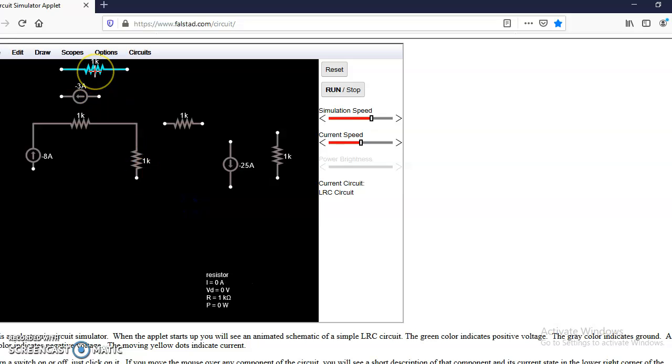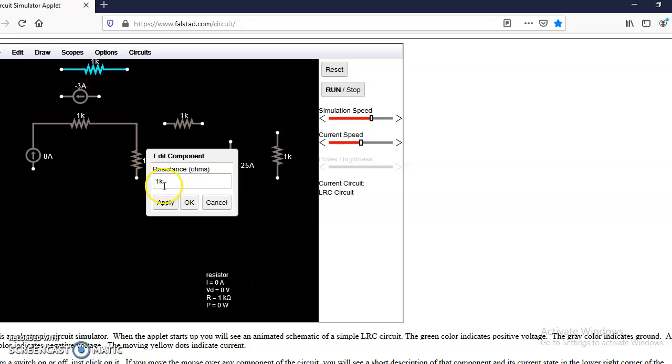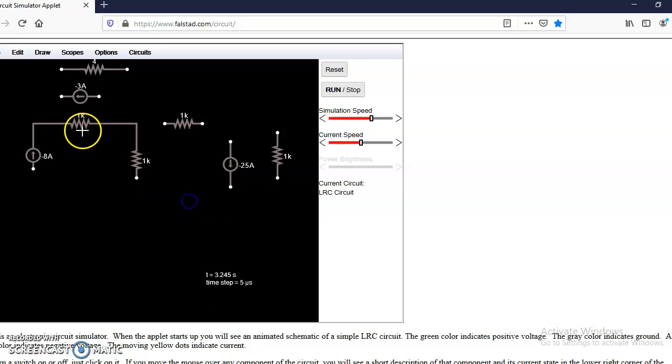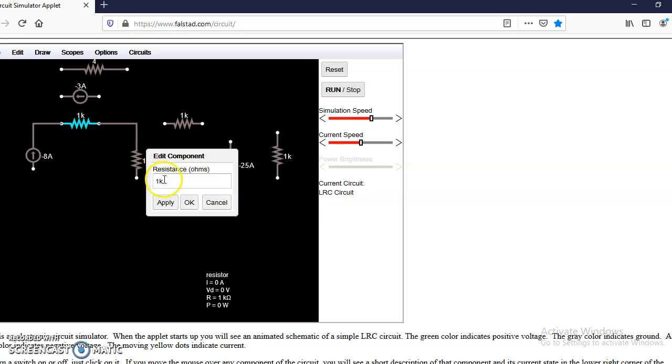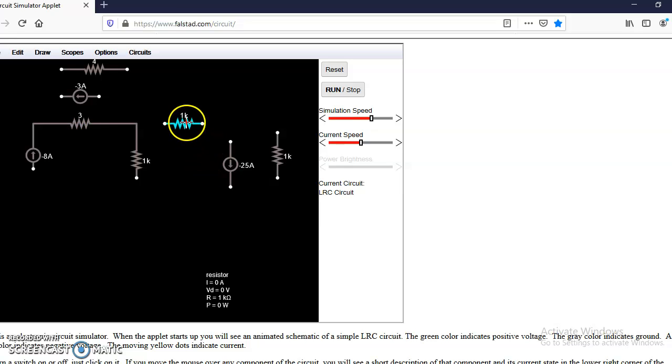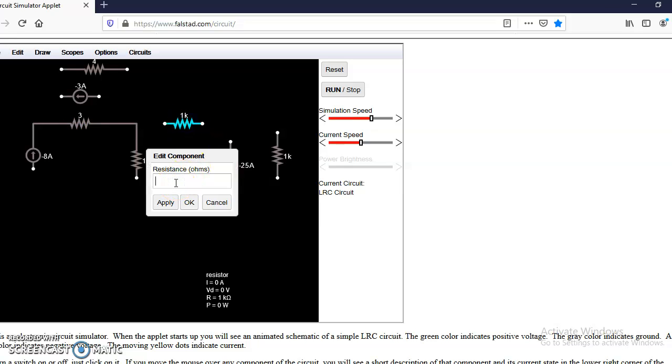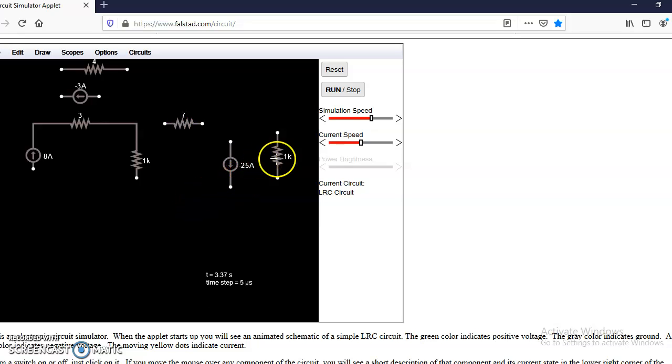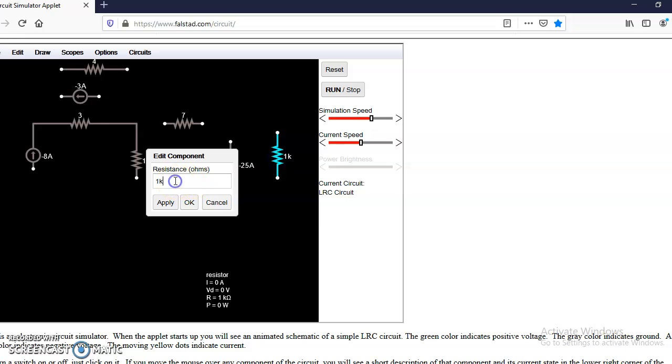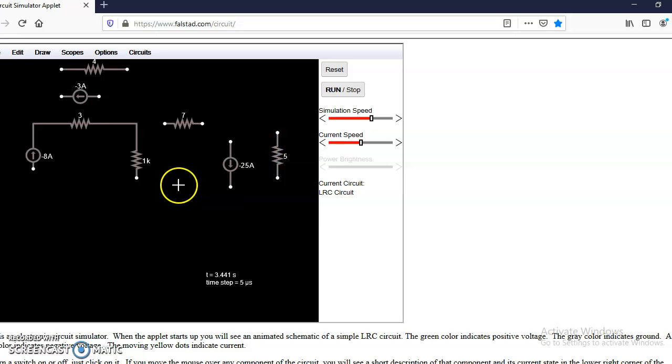Now this resistance is 4 ohm, not 1k, so it will be 4 ohm, apply OK. This one is 3 ohm, apply OK. This is 7 ohm, apply OK. And the last one is 5 ohm, apply OK. So all values are set now.